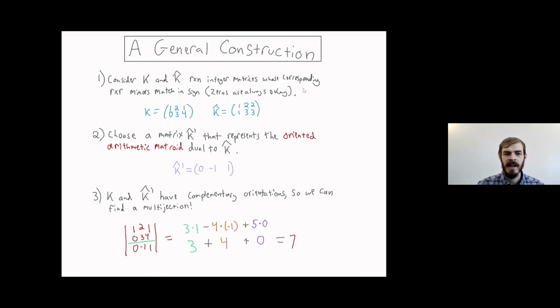Then we're going to find a new matrix that represents the oriented arithmetic matroid dual to K hat. I'm not going to tell you exactly what that means or how to do that, but I will say it's always possible. It's not always unique, but it is always possible. And I talk about that in my thesis. Now K hat prime and K have complementary orientation, so we can find our multi-ejection. So this is a general method that we can use to get two matrices of complementary orientation.